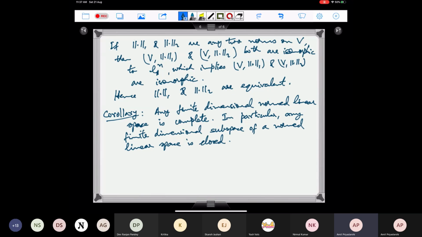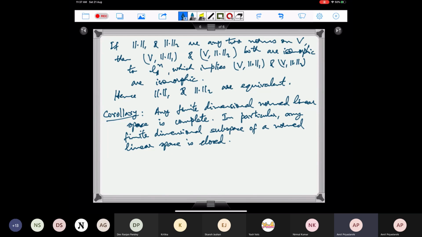Right, so it is clear that any finite dimensional normed linear space is complete. This is because we showed that if V with norm is a finite dimensional normed linear space, then that is isomorphic to L1^n. And L1^n is complete, therefore this will be complete.